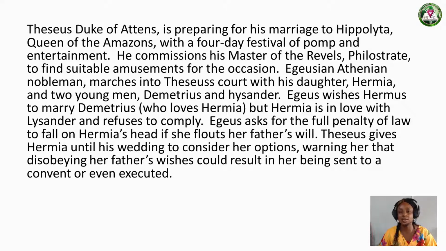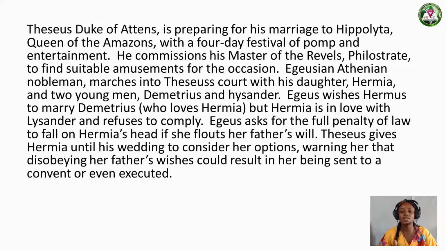Now let's get it straight. Hermia is Aegius' daughter, and the father wants her to marry Demetrius, while Hermia herself is in love with another young man called Lysander. And because of her love for Lysander, she refuses to accept the father's wish that she marries Demetrius.